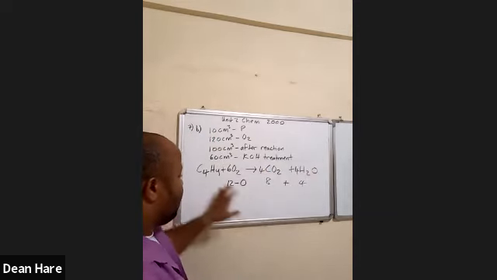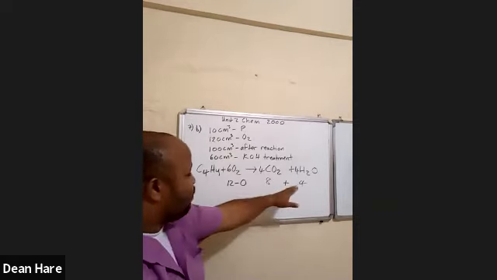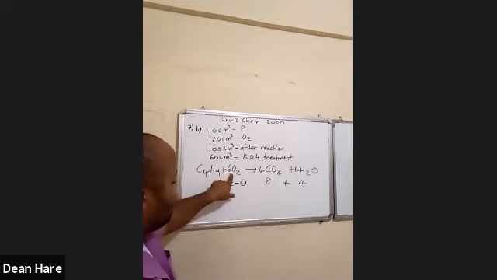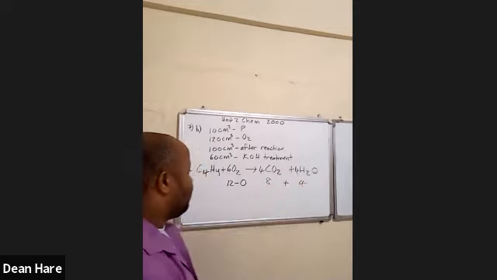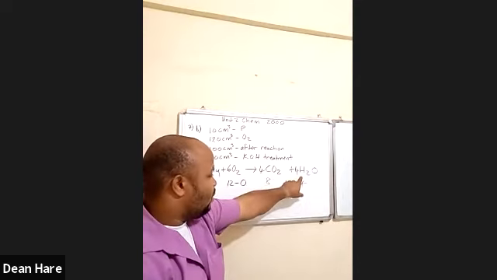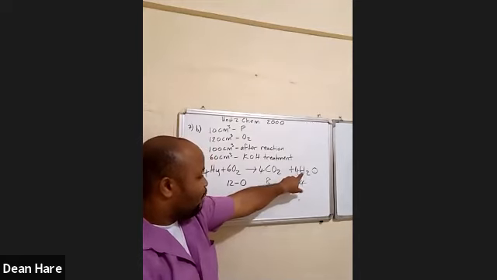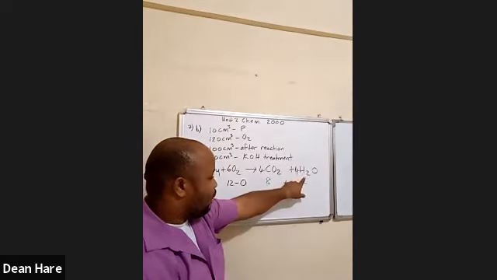So at this point, the oxygen atoms are balanced on both sides of the equation. 12 oxygen atoms on this side and 12 oxygen atoms on this side. Now, in balancing the oxygen in water, we change the amount of hydrogen present. So we're going to check the amount of hydrogen present now.